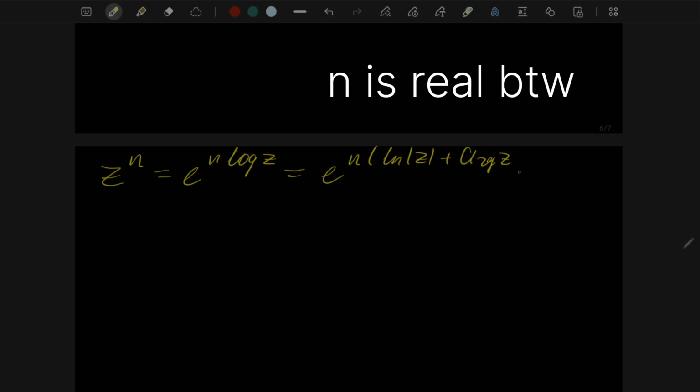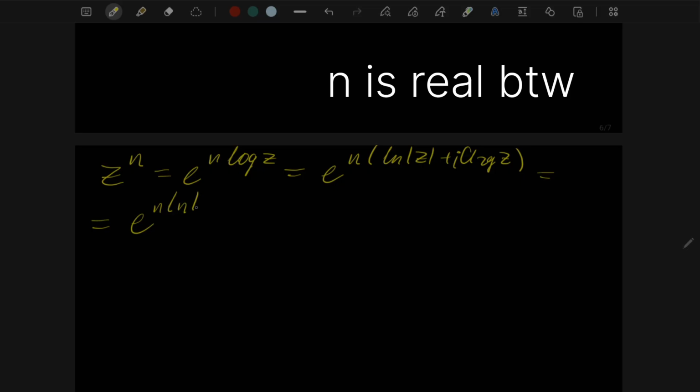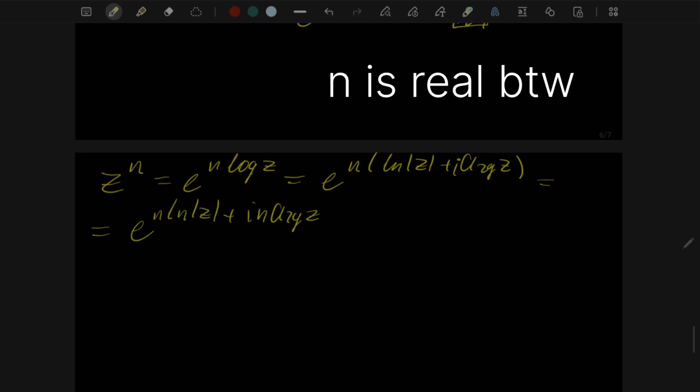Then we distribute because they are both pretty much real, except I forgot the i, but we have already proven the distributive property, so it is e to the power of n times log of the absolute value of z plus i n argument of z.